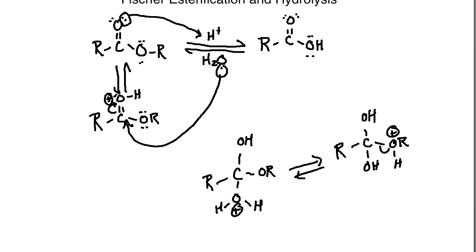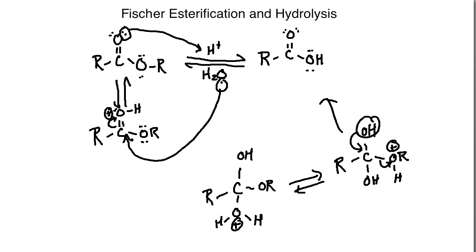So the alcohol will leave. And then the same general finishing process is going to occur where you'll get one of the OHs to reseal, and then you can get your acid back because it's an acid catalyst. So that is the Fischer esterification and the hydrolysis process. Reversible reactions, they're complementary to one another. They balance each other out.